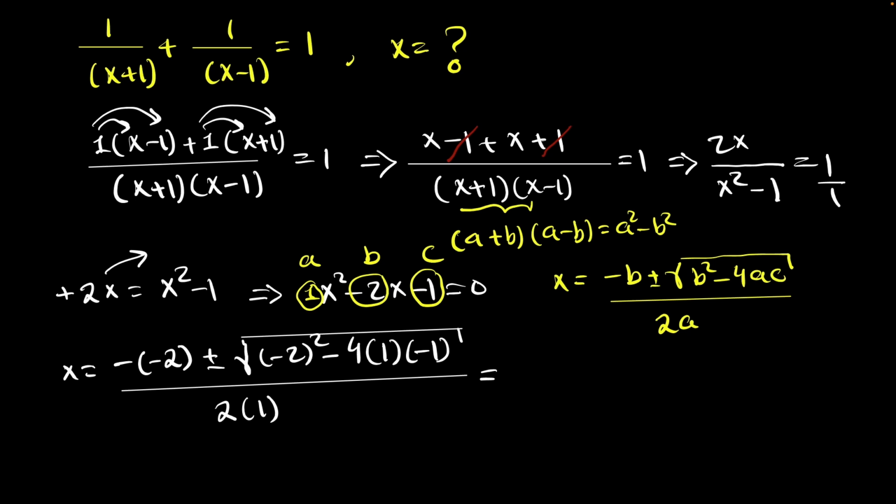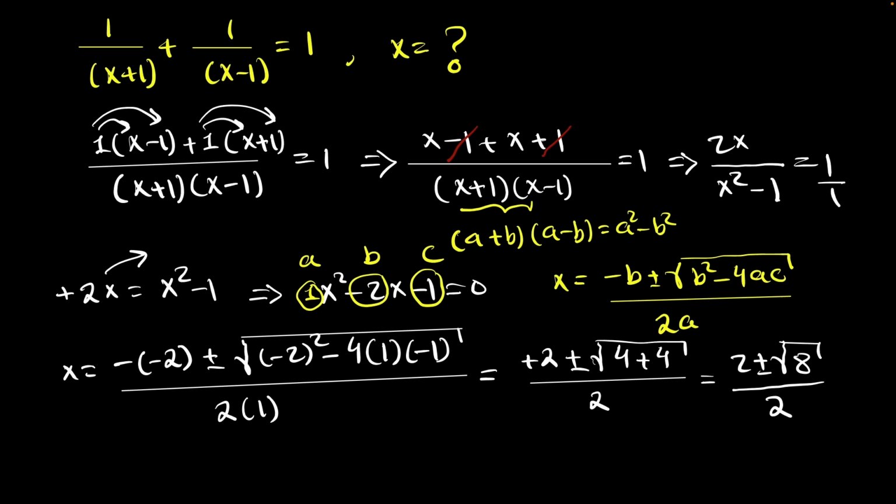Minus times minus is positive 2, plus or minus, and minus 2 square is 4, minus 4 times 1 times minus 1 is positive 4, over 2 times 1 in the denominator is 2. So 2 plus or minus the square root of 4 plus 4, which is 8, over 2.